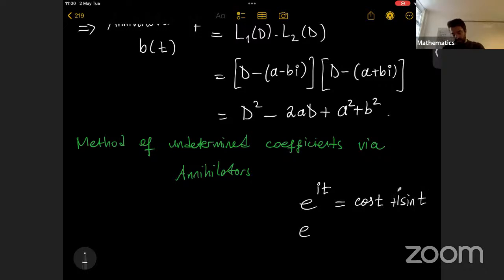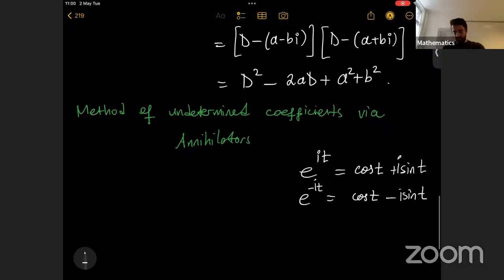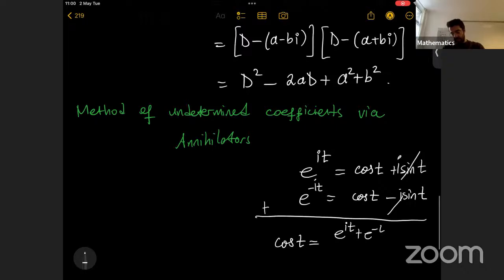And e to the minus it is cosine t minus i sine t. So if you sum up these two, you get cosine t is e to the it plus e to the minus it, over 2, okay? So we use this formula. Is that all right?